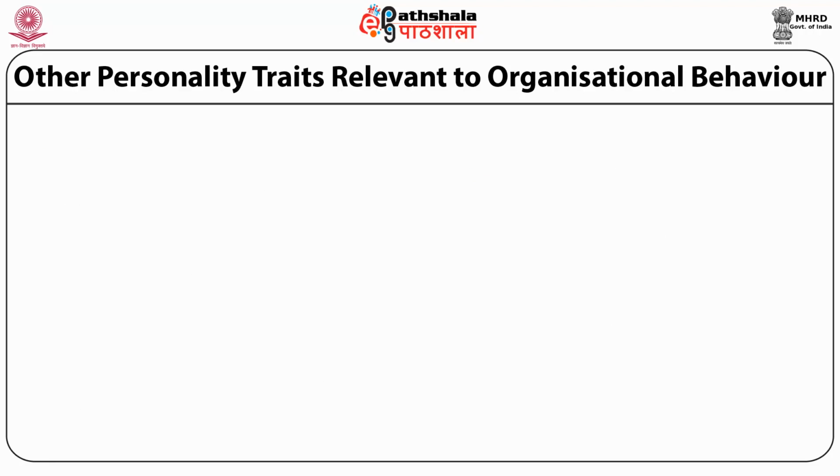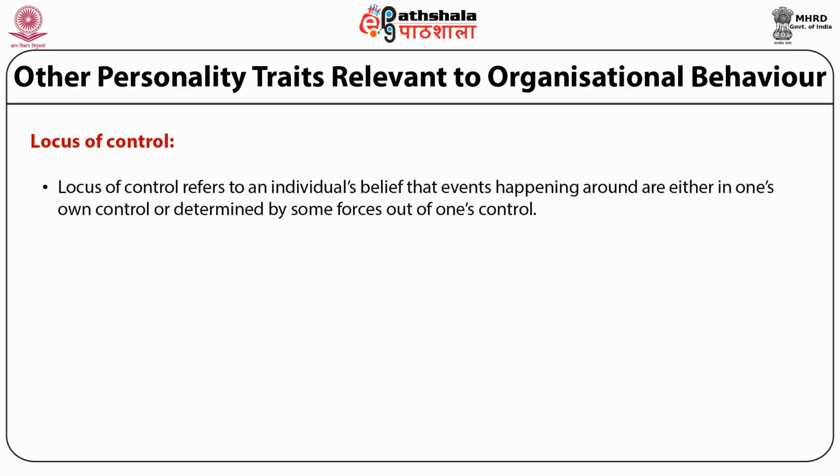Second personality trait which we are going to discuss is locus of control. Locus of control refers to an individual's belief that events happening around him or her are either in his or her own control or determined by some forces out of one's control.